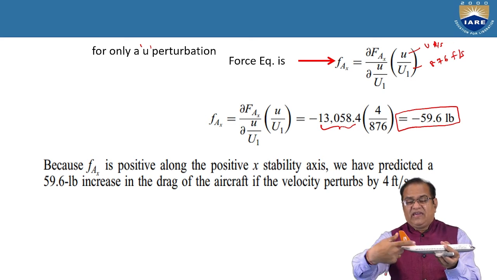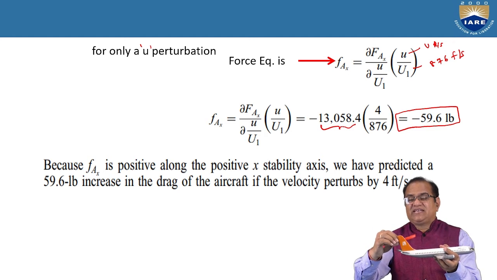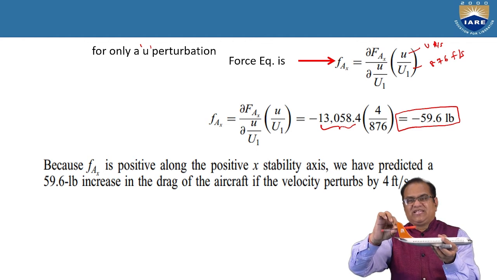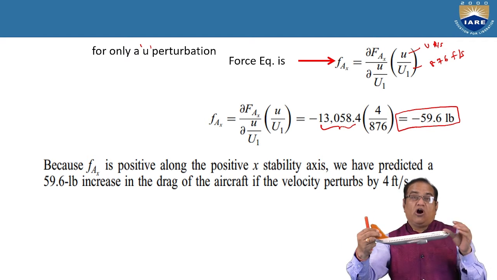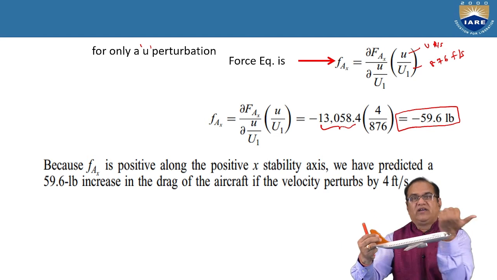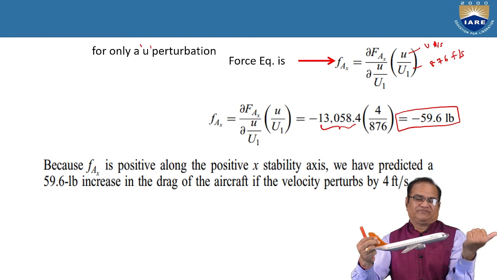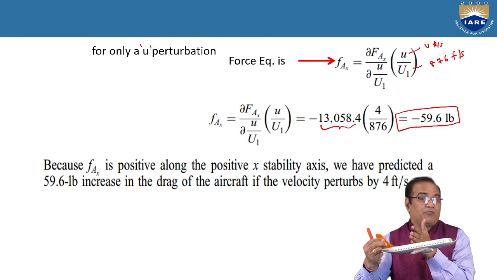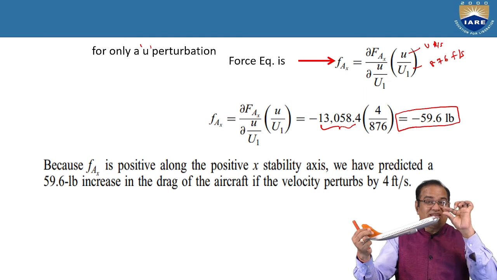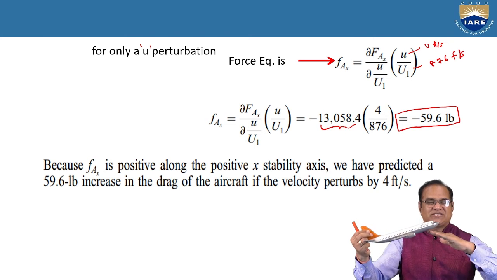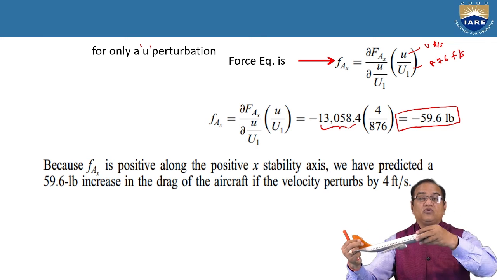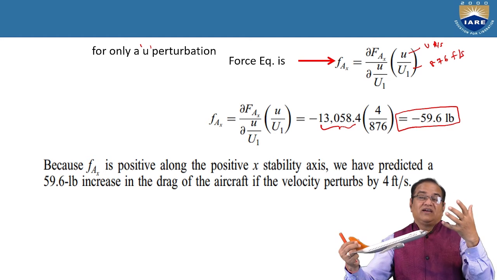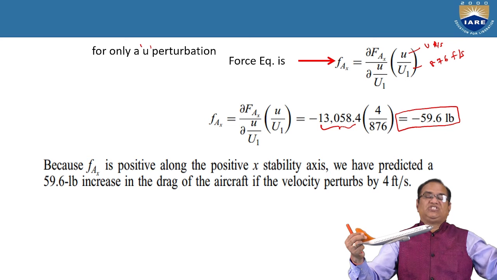So this red pen is showing that the aircraft is being pulled back by 59.6. So how much thrust is also required? We need more thrust to counter this 59.6. So only by an increase of 4 feet per second, we need to give 59 pounds of force by the engine.